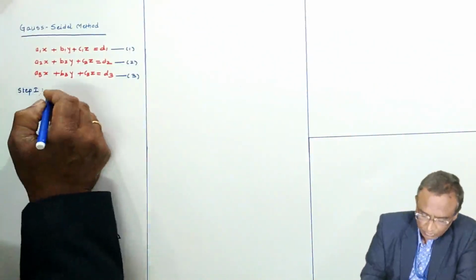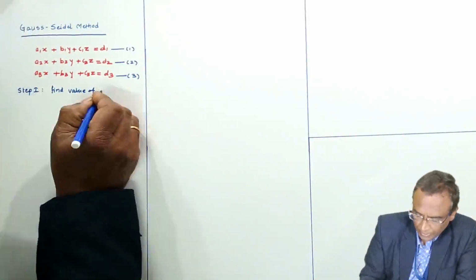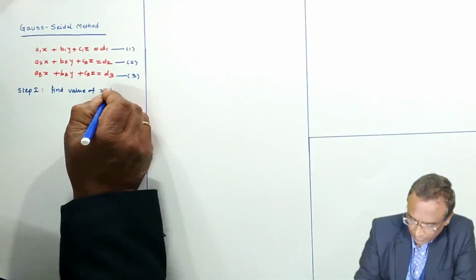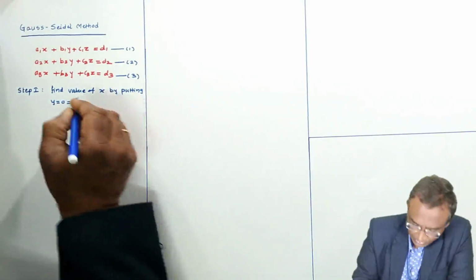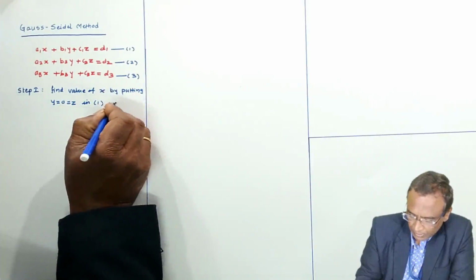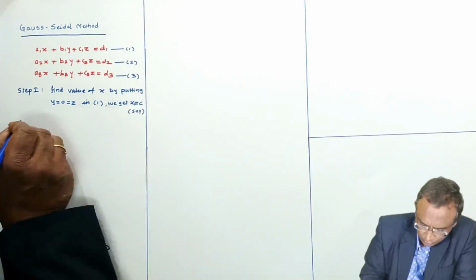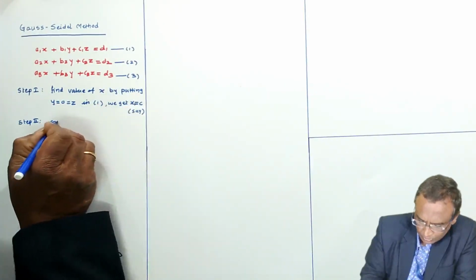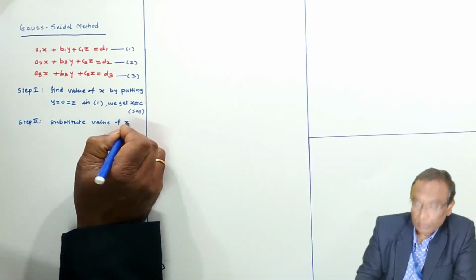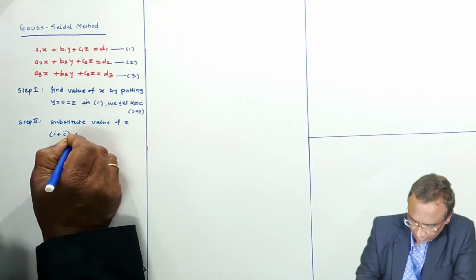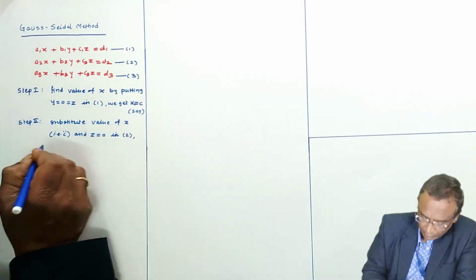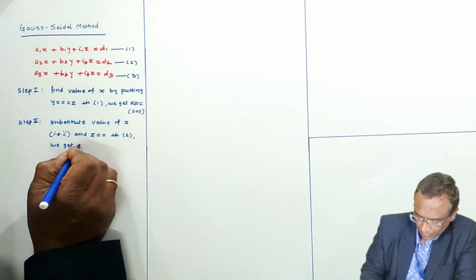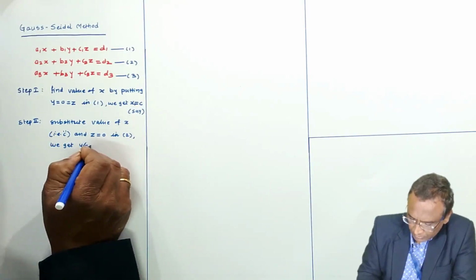In step 1, what to do? Find the value of x by putting y equal to 0 and z equal to 0 in equation 1. Here you will get the value of x. Step 2, substitute the value of x, that is c, and z equal to 0 in equation 2, and you will get the value of y, say c1.